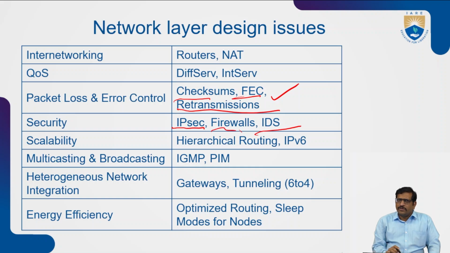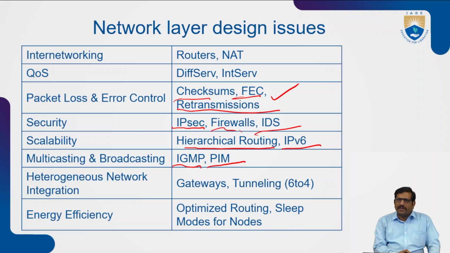For scalability, hierarchical routing can be done and IPv6 utilized. With IPv6 and hierarchical routing, scalability issues can be resolved. For multicasting and broadcasting, we use the IGMP protocol and PIM, by which these issues can be resolved.